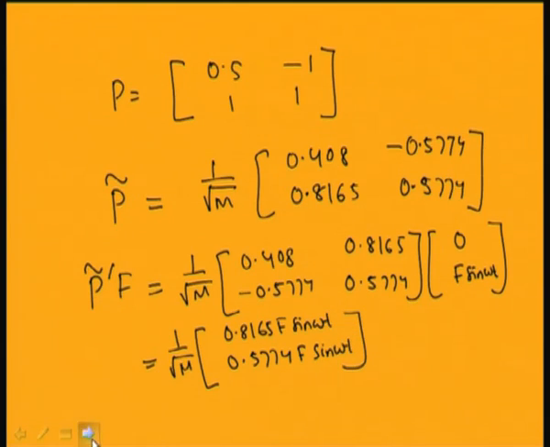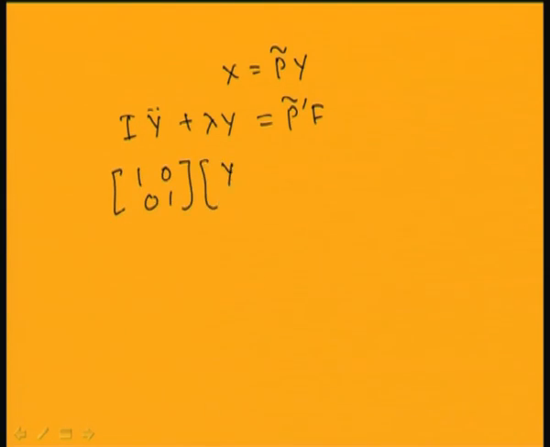Now, by using x equal to P weighted modal matrix y, the equation reduces to the form I y double dot plus lambda y equal to P weighted transpose f. In this case it reduces to 1, 0, 0, 1 times y1 double dot, y2 double dot, plus lambda 1, which we already know is 0.5 k by m, 0, 0, and 2 k by m, times y1, y2.